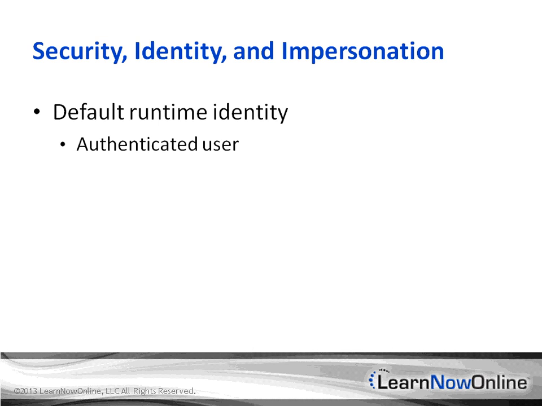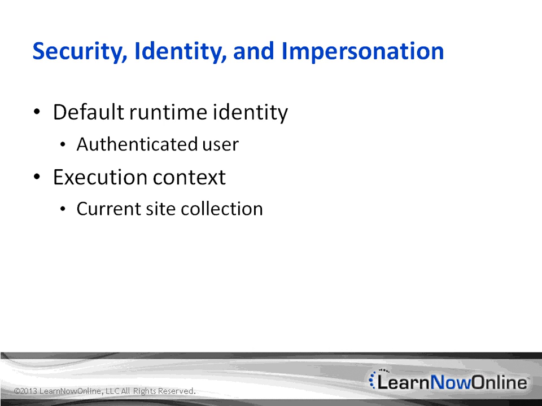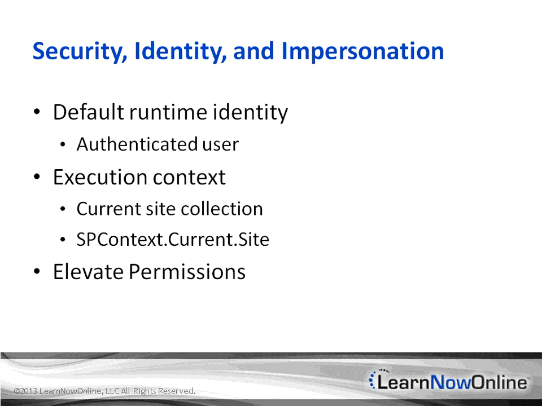We can't elevate the privileges using the current context. A lot of times, you have to create code that performs actions on behalf of a user that doesn't have permissions to perform the action.